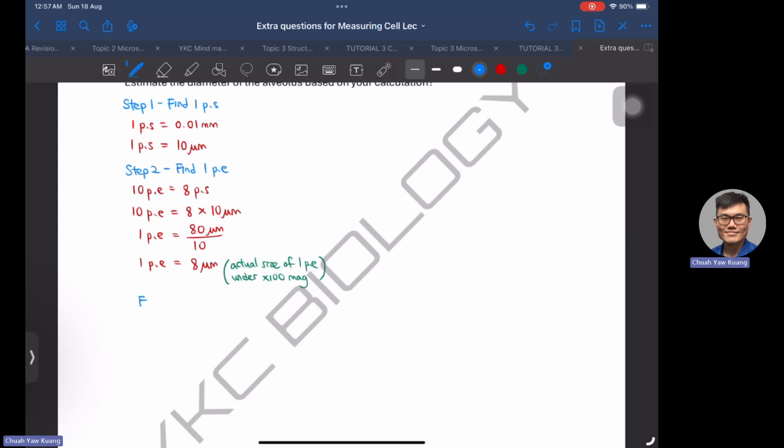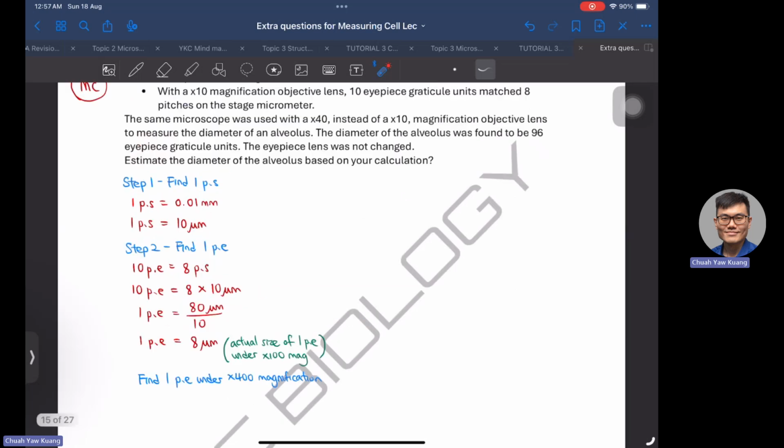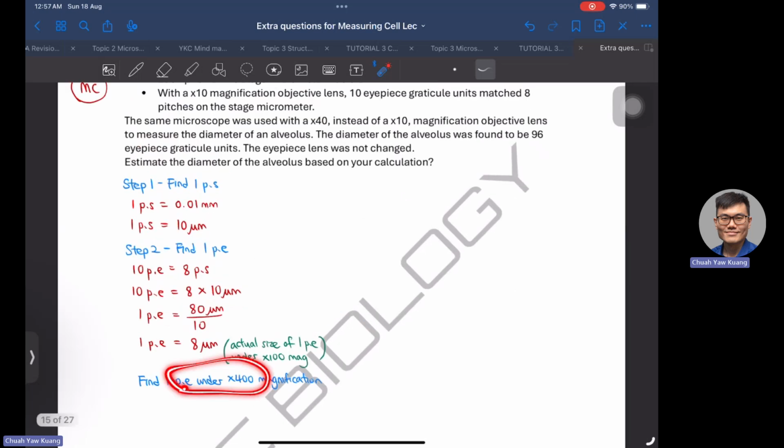We need to find one pitch on the eyepiece reticule under 400 times magnification, because only then can you use it to measure the size or diameter of this alveolus.